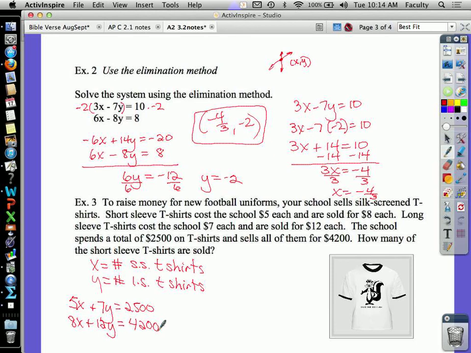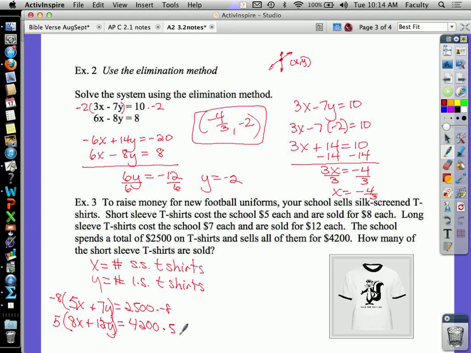Okay, so now this one lends itself to the elimination method because I don't have a coefficient of 1 or negative 1, but this one could be pretty tricky in terms of, I mean, it's just not going to be pretty when you do this. So what I did is I multiplied the top row by -8, and I multiplied the bottom row by 5.